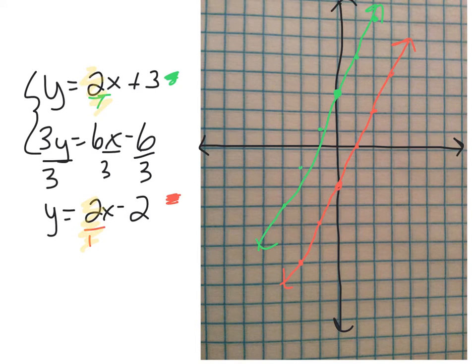And when the slope is the same, that means that we have lines that are parallel. So when you have parallel lines, you're not going to have any place where they intersect, and your solution is the intersection point. So since these lines don't intersect, we would say there is no solution. That's going to happen anytime you have the same slope on both of them.